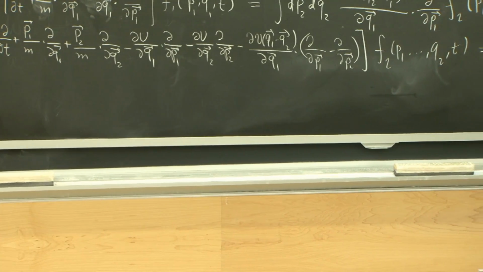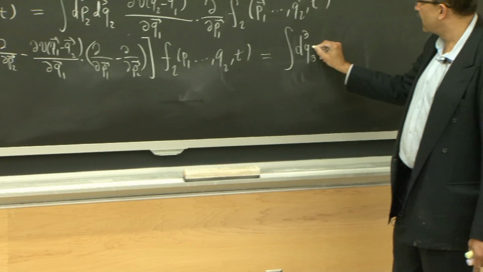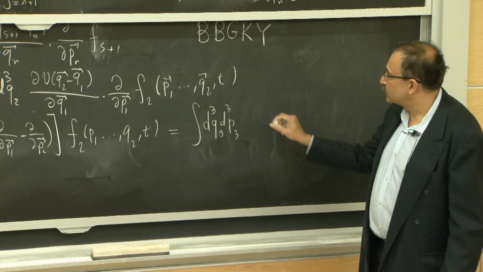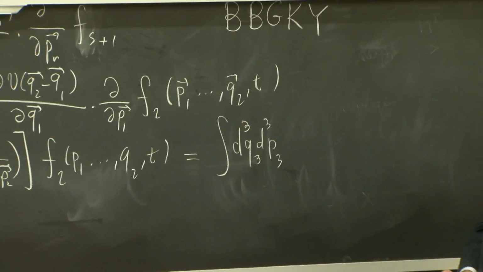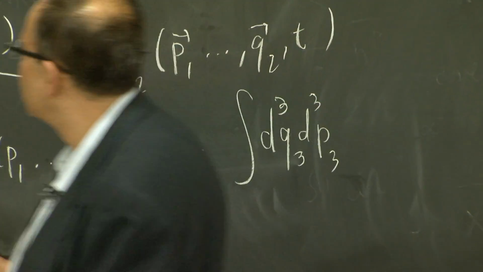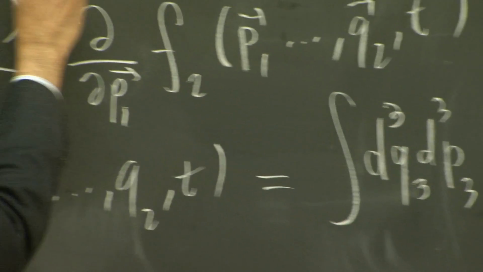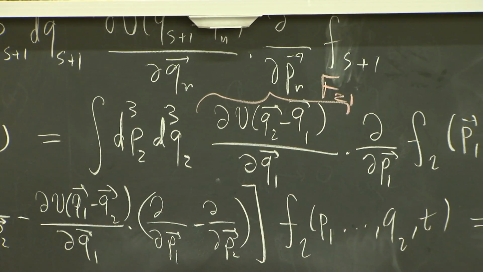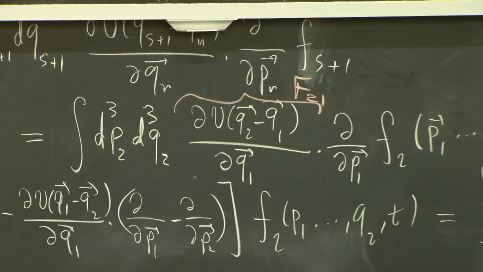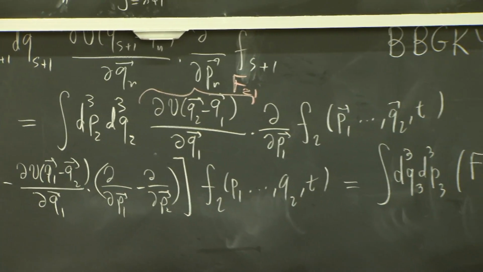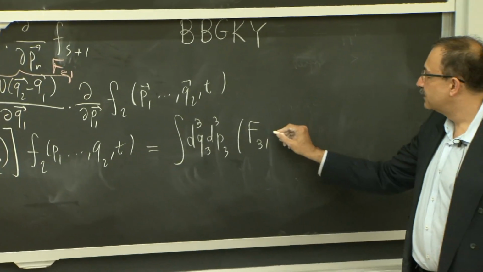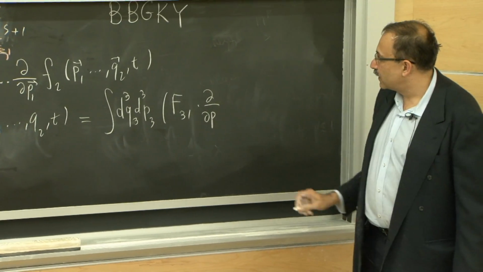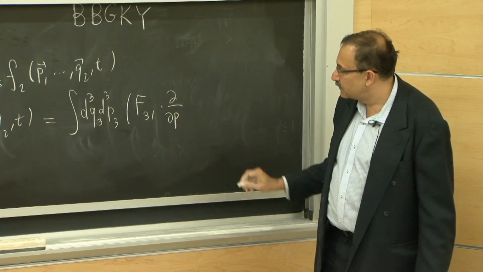But there is also other particles, so there can be interactions and collisions with a third particle. And for that, I would need to know... Let's actually try to simplify notation. This is the force that is exerted from 2 to 1. So I will have here the force from 3 to 1 dotted by d by dp1, right?